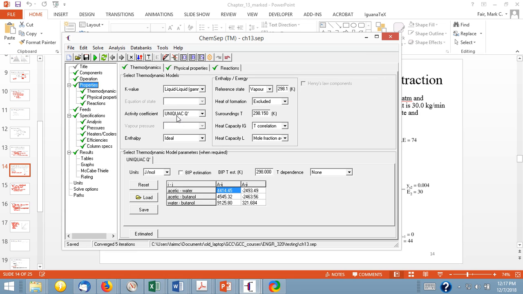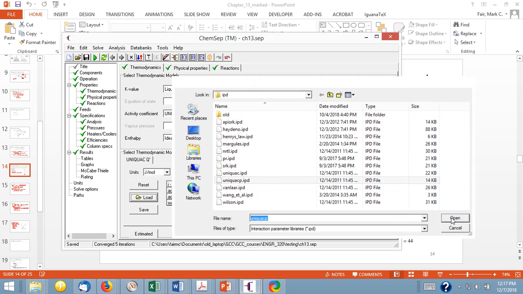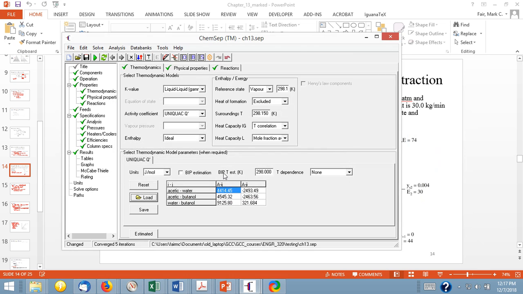I'm going to choose the activity coefficient as this UNIQUAC, and I'm going to choose ideal. Then we're going to load from this UNIQUAC file here, the one with the P at the end. That should load in some values for our system.